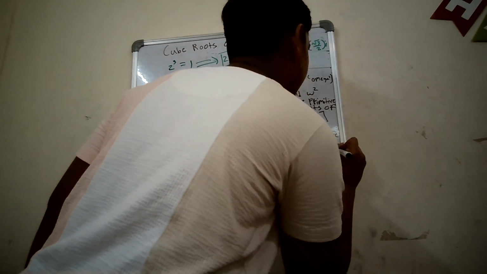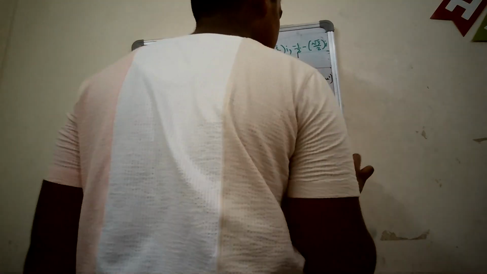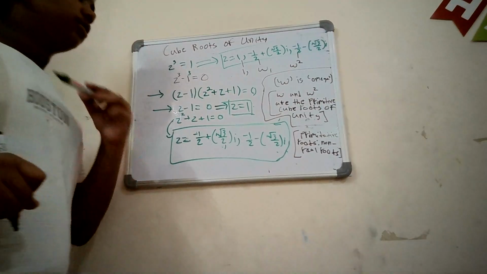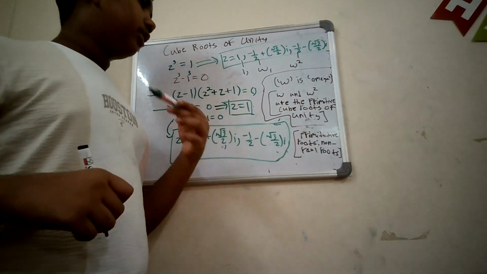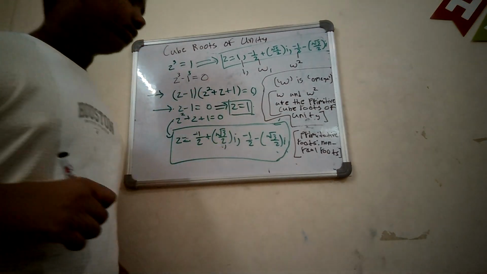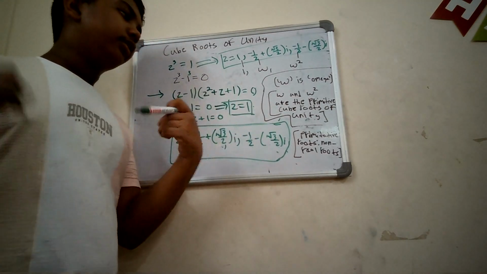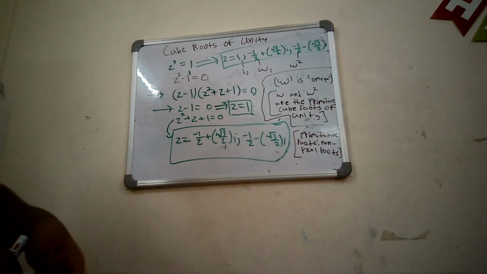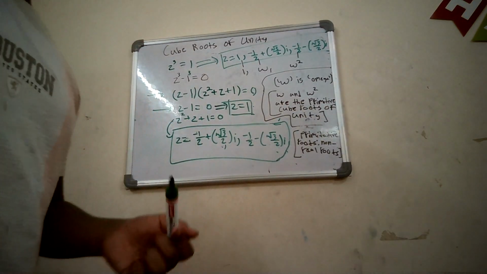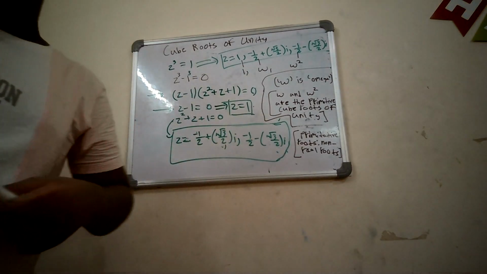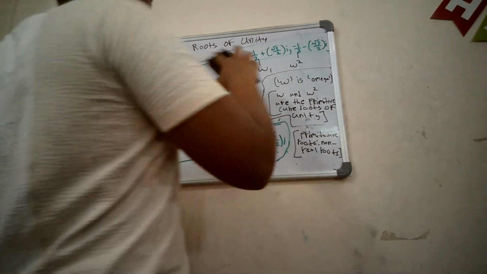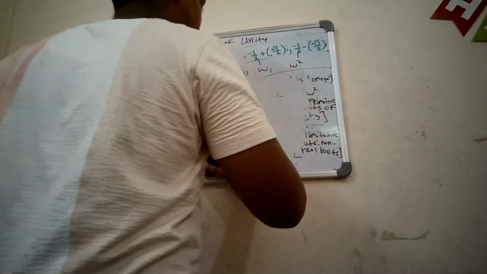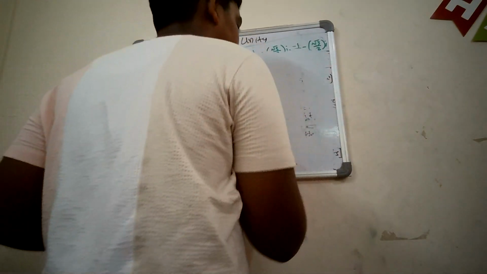So basically, the primitive nth roots of unity mean the non-real roots, the roots which aren't real. They go in the imaginary number system or the complex number system, okay? So there are the three roots. I hope you understood the omega. Omega is a special name that's given.